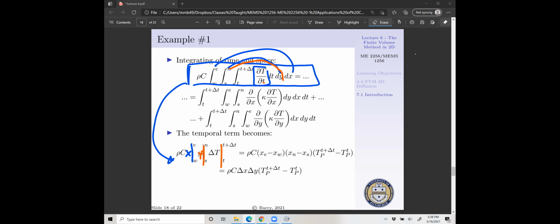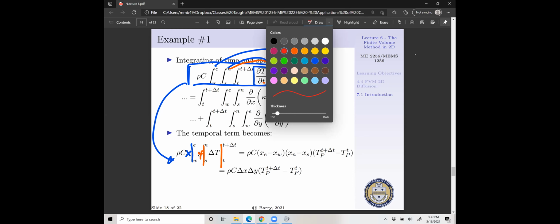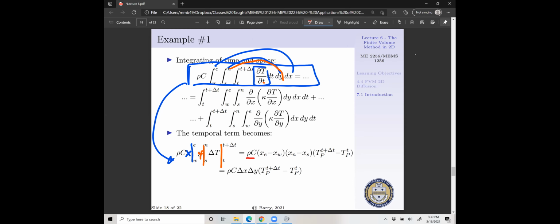So what this gives us is we would have rho c, our density times our specific heat, times x at the east face minus x at our west face per this term right here. And then we would have, whoops, that's a y, my apologies, y at our north face minus y at our south face, which represents this quantity right here. And this would be times the quantity, t at our cell center, p, evaluated at time t plus delta t, minus t of p evaluated at time t.